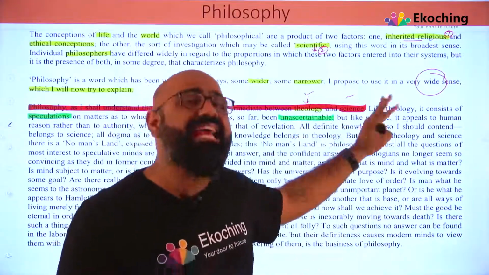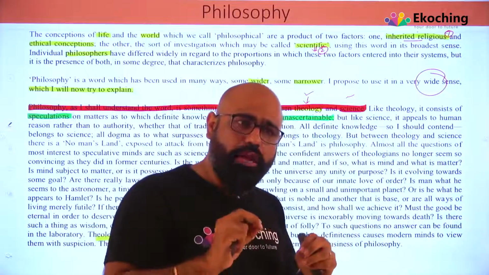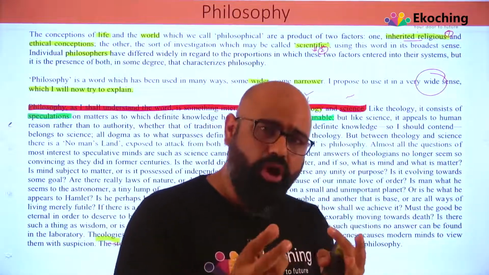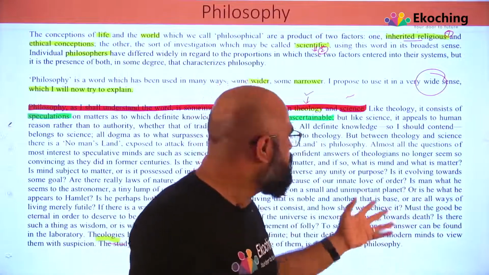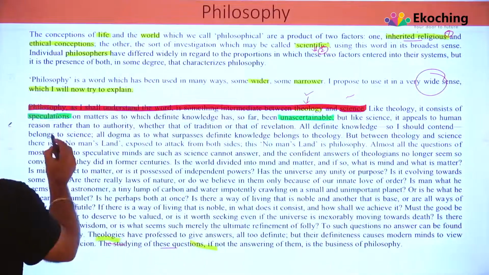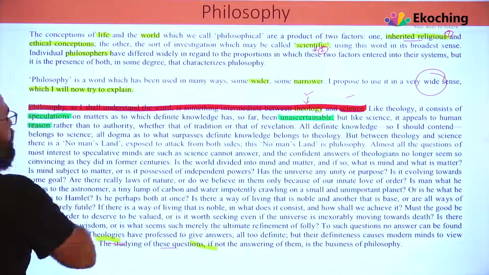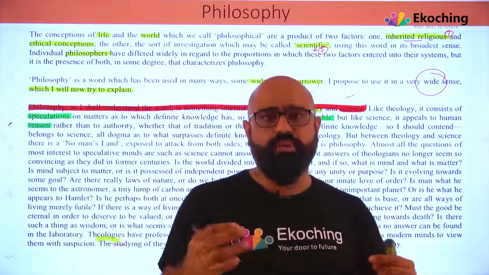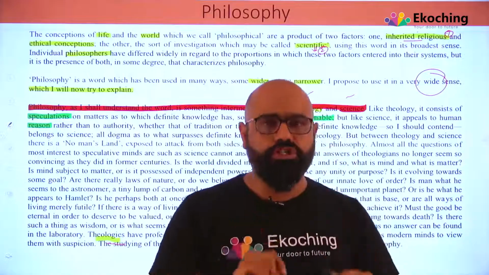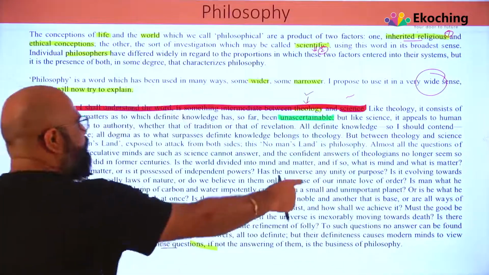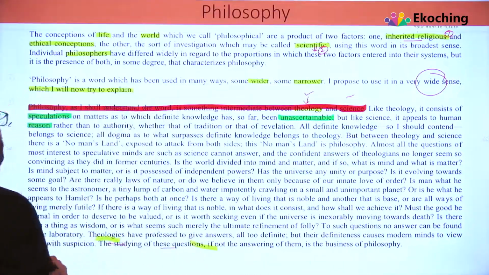But like science, so first the author is talking about how it is related with theology, and now about science. But with science, it appeals to human reason rather than to authority. He's talking about how in science it relates more with reason. Which relates? Philosophy relates. Okay? All definite knowledge, so I should contend, belongs to science.